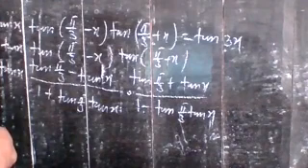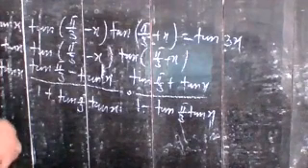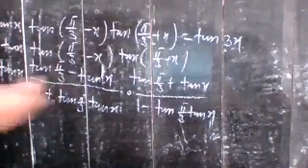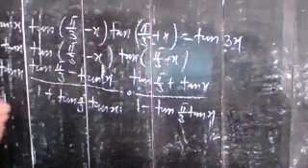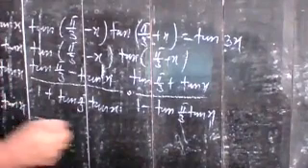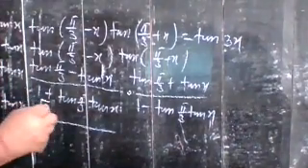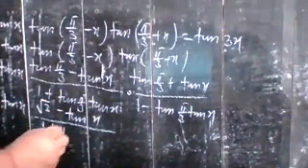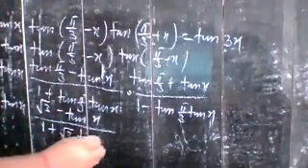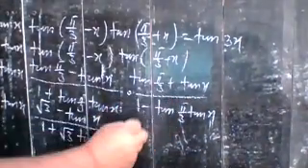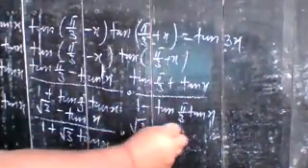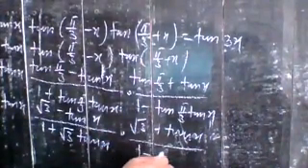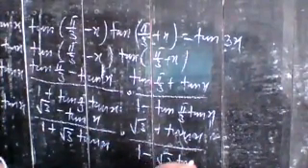Sir, root 3. So tan pi by 3 is root 3. Okay, so put it there and simplify. So that is equal to tan x into root 3 minus tan x upon 1 plus root 3 into tan x, into root 3 plus tan x upon 1 minus root 3 into tan x.